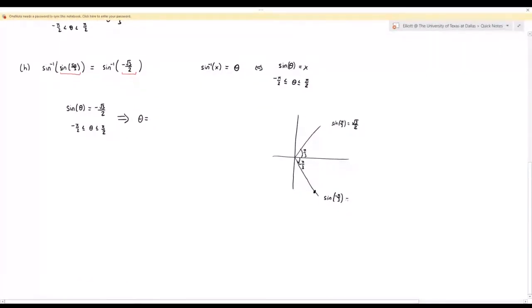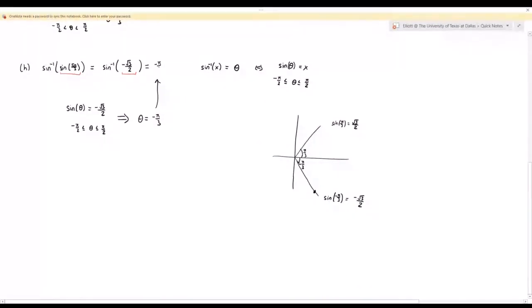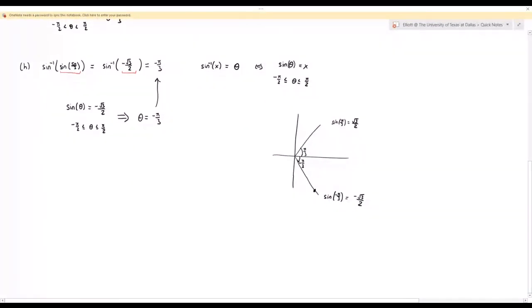Then sine of minus pi over 3, now that we're in the fourth quadrant, sine becomes negative. So the angle in this range that satisfies this equation is the angle minus pi over 3. Therefore, the inverse sine of minus root 3 over 2 is the angle minus pi over 3.